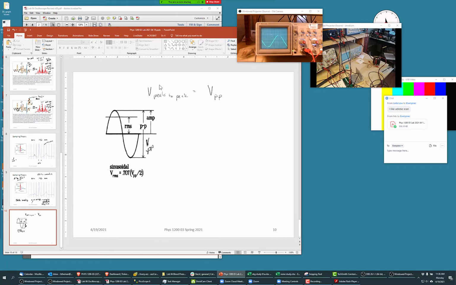Or if your glass is half full or half empty. And then we have the V amplitude. That's just the V peak to peak divided by 2.